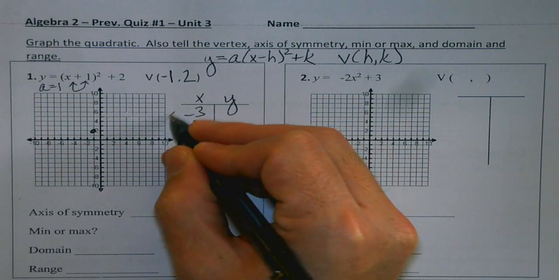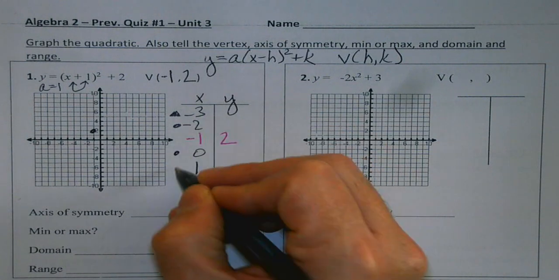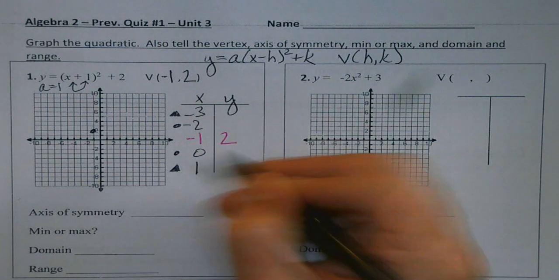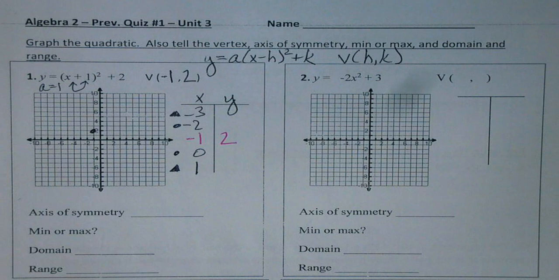And I don't need to substitute all of these. I just need to know one of the ones that's dotted, one of the ones that has a triangle next to it. So if I want to go to the calculator here, I can.